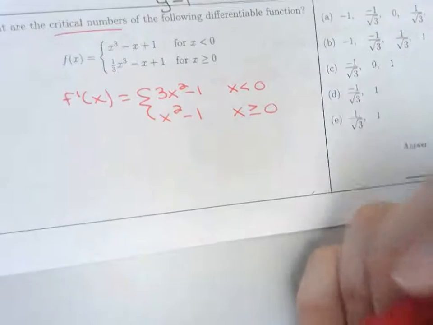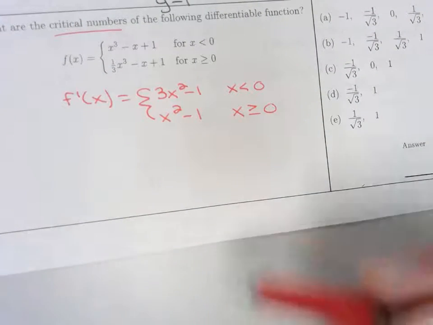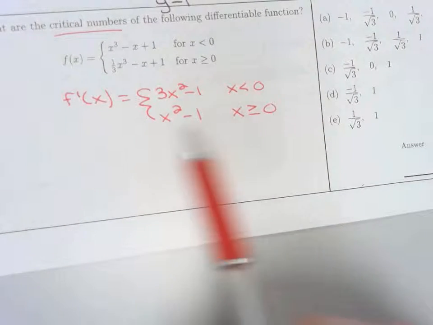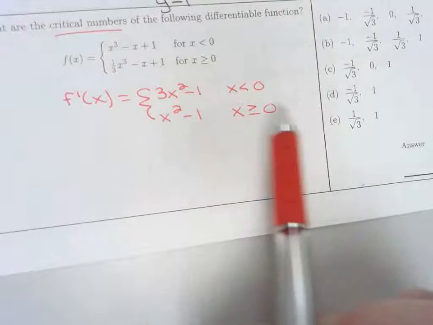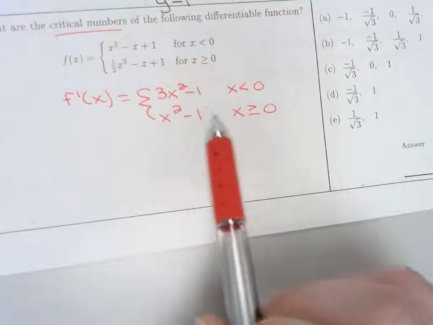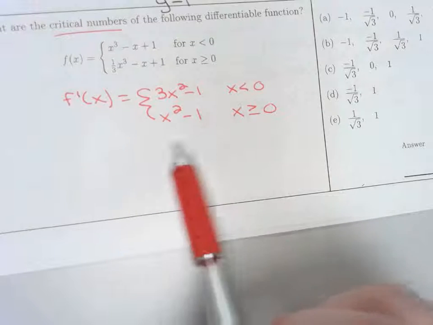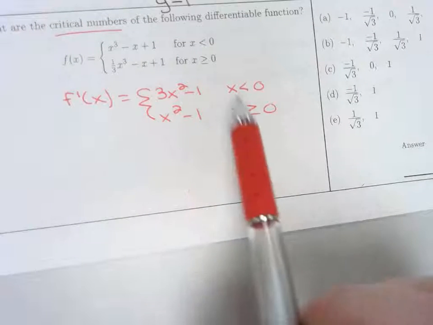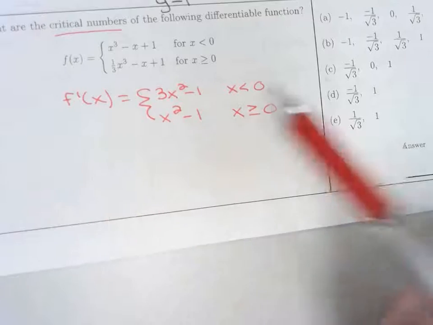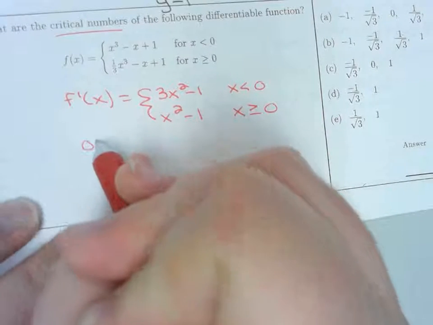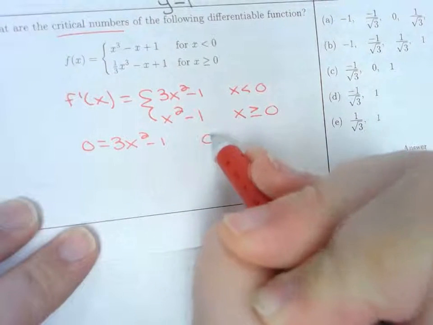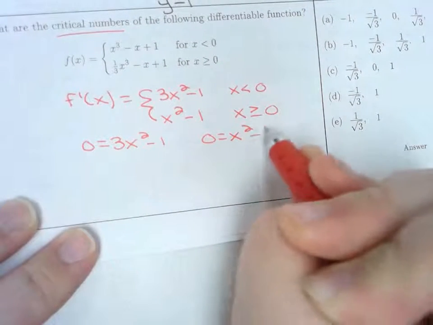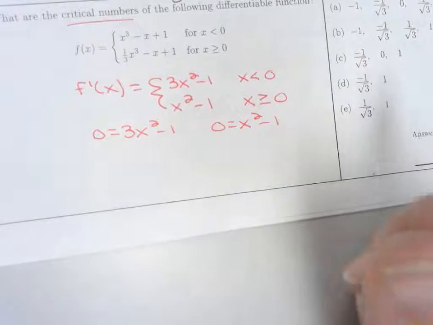I got stuck on this a little bit because when I set it equal to 0, I was thinking about x being 0. But we're not setting x to be 0, we're setting y to be 0. So technically you're going to set both parts equal to 0. Not terrible once you get past it looking weird because of the piecewise.